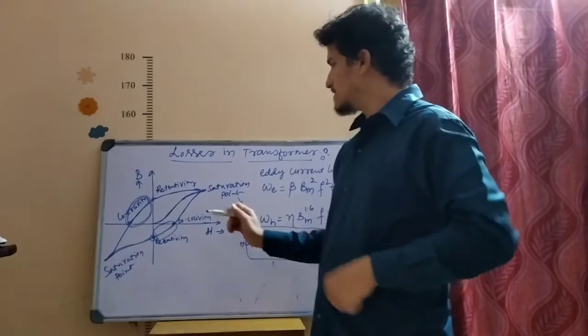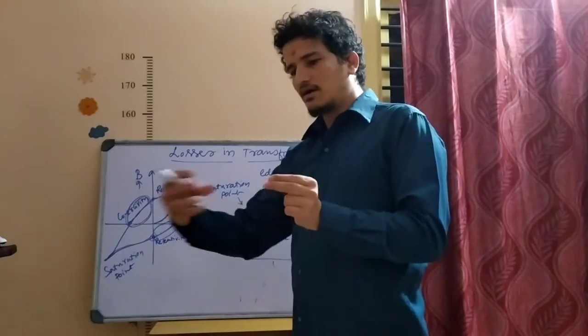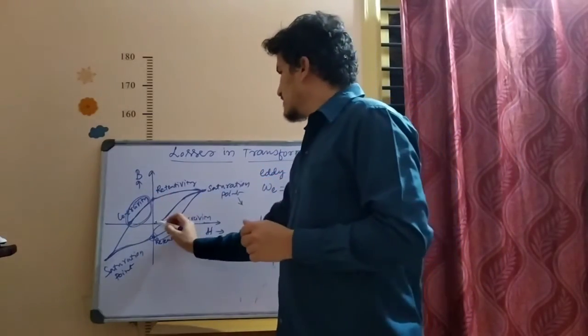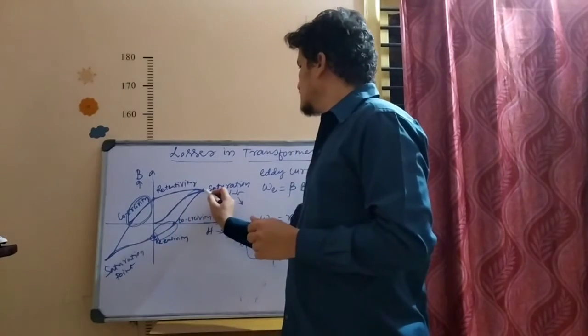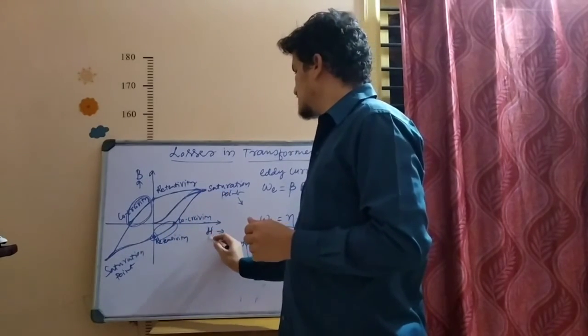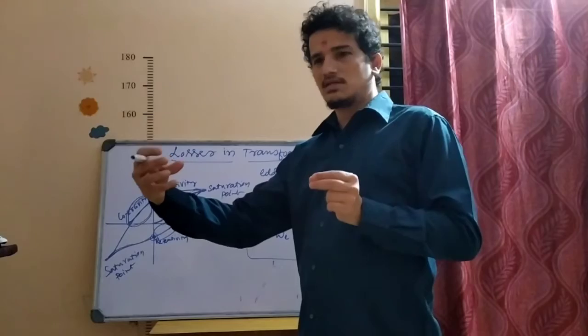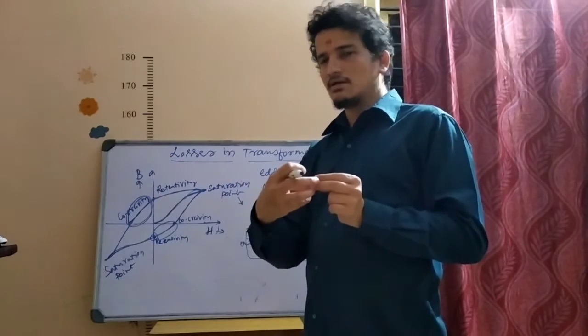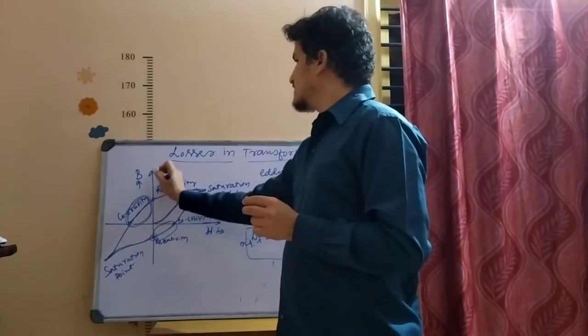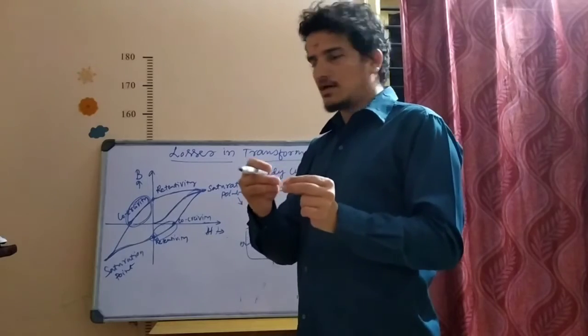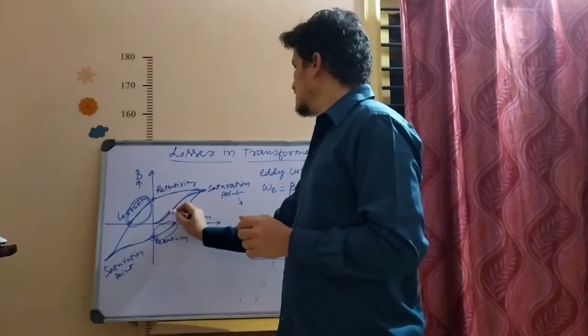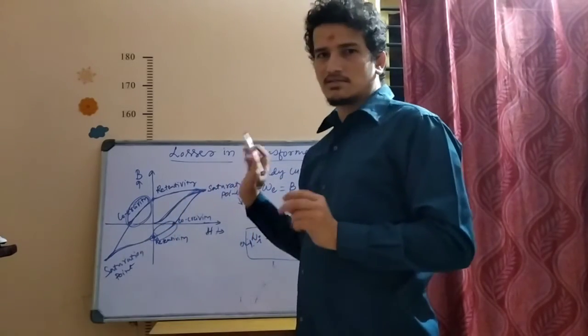When you bring it in contact, the material gets magnetized to here. H represents the permanent magnet strength that you bring here. The magnetization of the iron material increases to this maximum point.